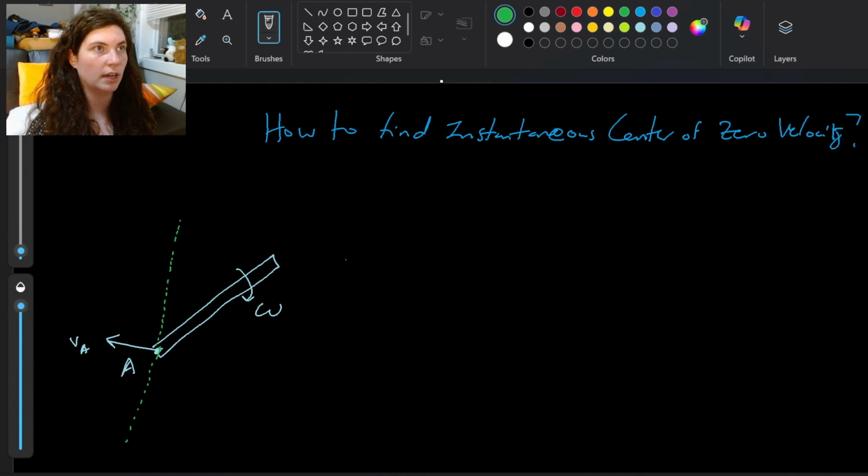To get this correct rotation, I can draw this. R of A with respect to IC is our vector here, the distance to that IC point.